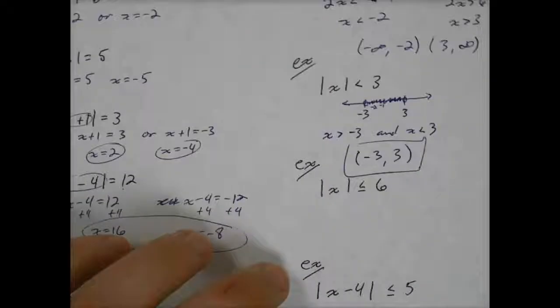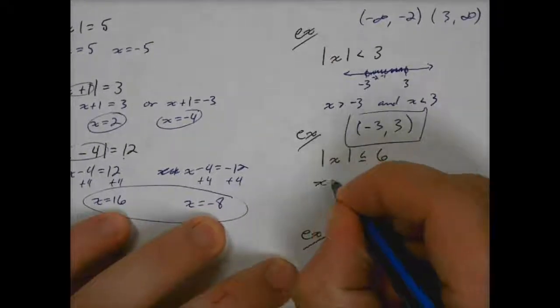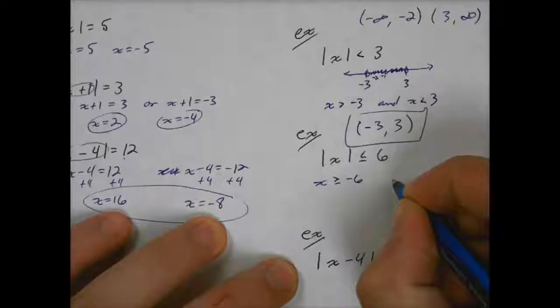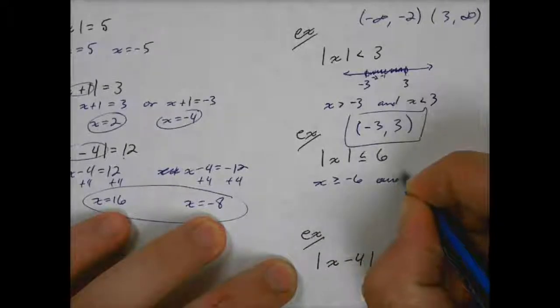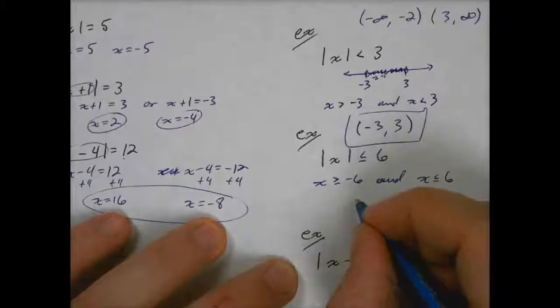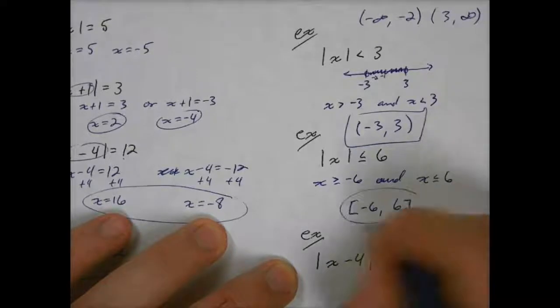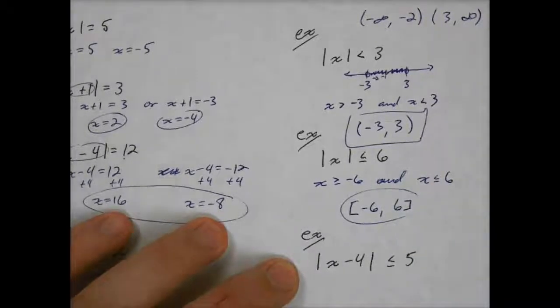All right, look at another one. So again, flip the sign. So x is greater than or equal to negative 6, and x is less than or equal to 6. So we have from negative 6 to 6, both in brackets because it is included on both.